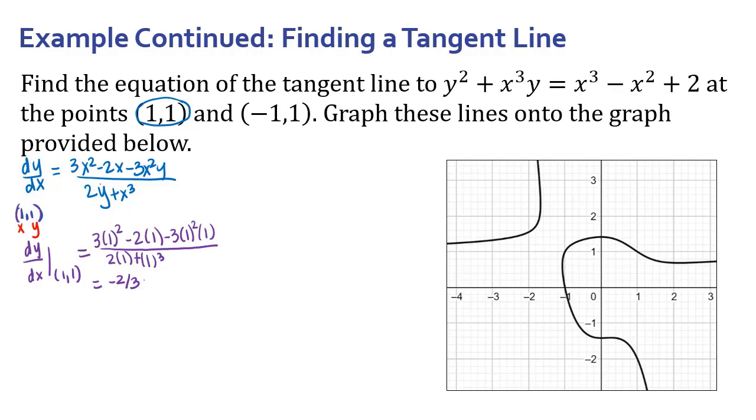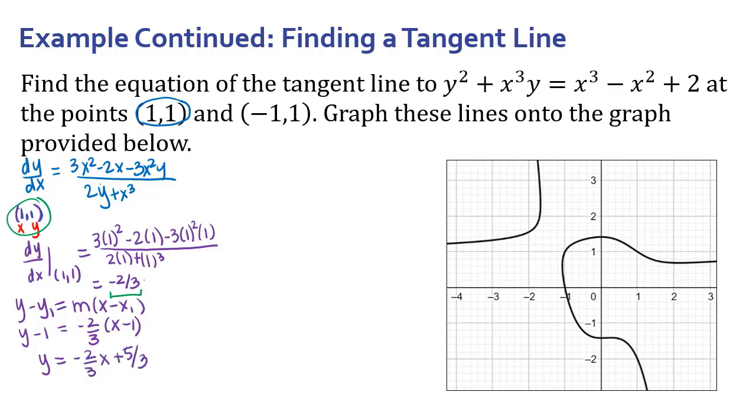So now I know the slope of the tangent there. I can use that slope and this point to find the equation of the tangent line at that point. Again, y minus y1 equals m times x minus x1. So y minus 1 equals the slope times x minus 1, and I end up getting y equals negative 2/3 x plus 5/3.